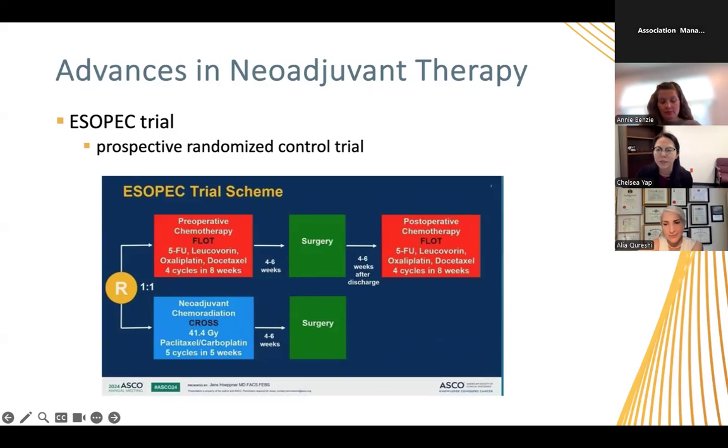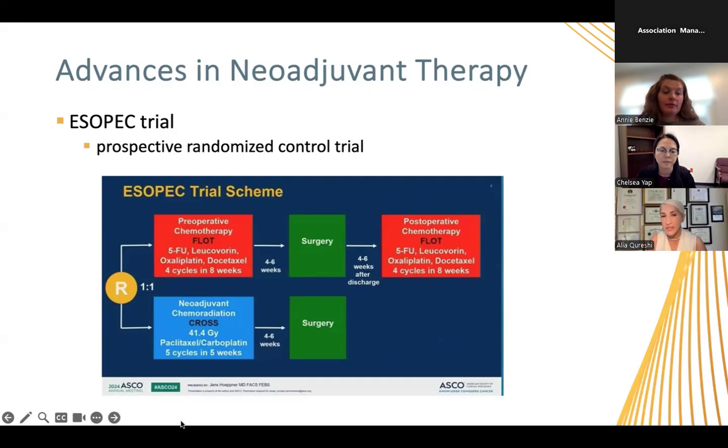Dr. Krish, you wanted to talk about that a little bit. Sure, happy to, Chelsea. The ESOPEC trial came out last May, and some centers have embraced it very aggressively, including ours. FLOT is what we use for gastric cancers. It's a very aggressive chemotherapy. What we've observed is that not all patients actually make it through FLOT, and we're seeing slightly different results compared to the data.